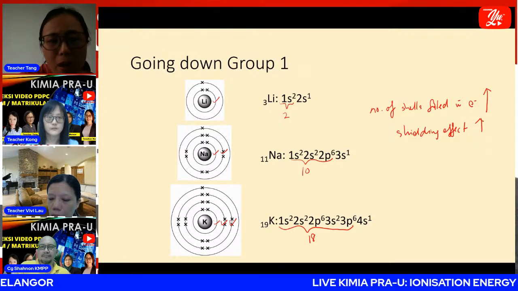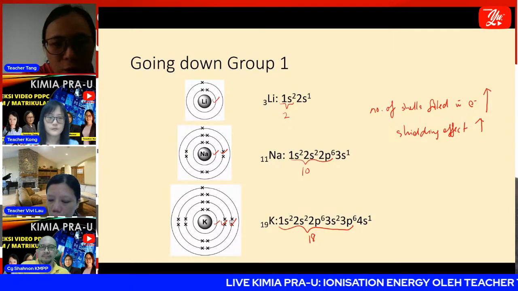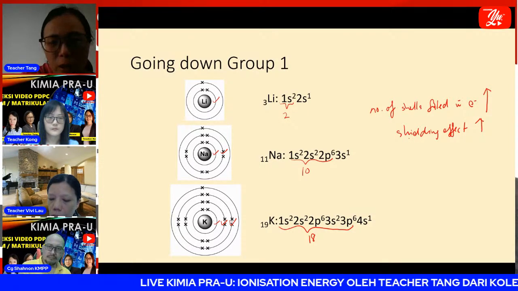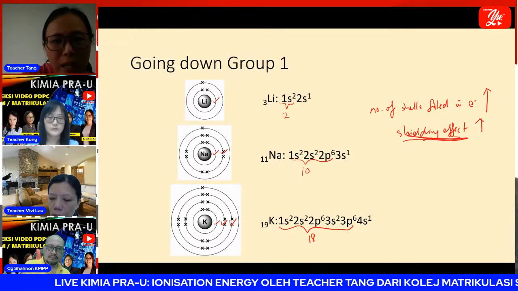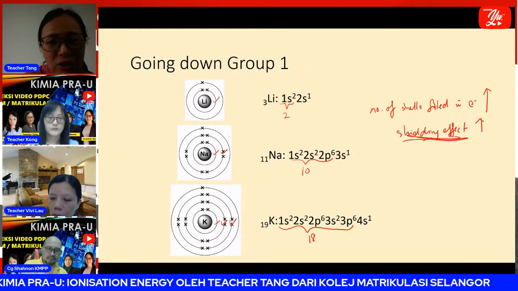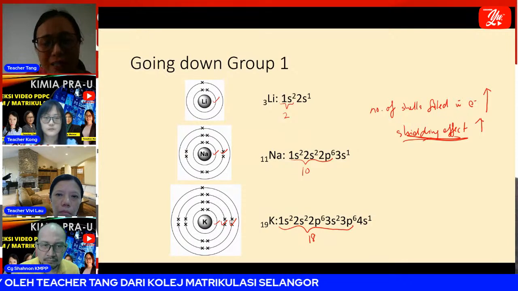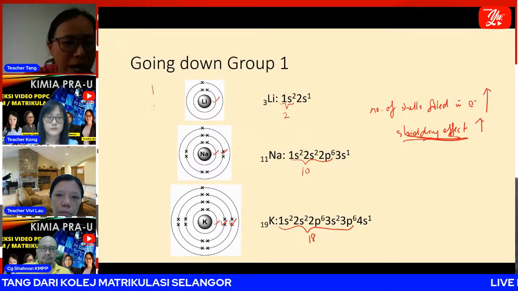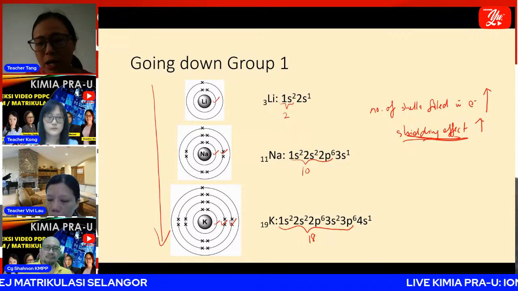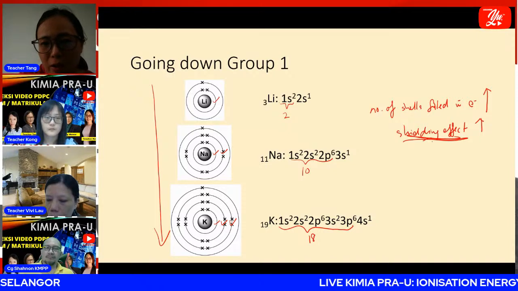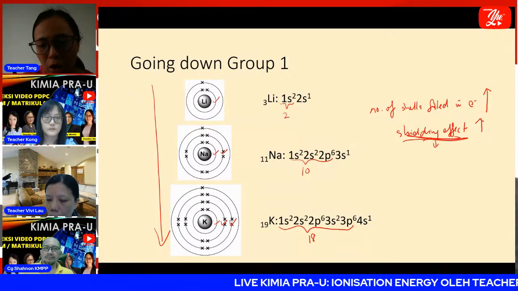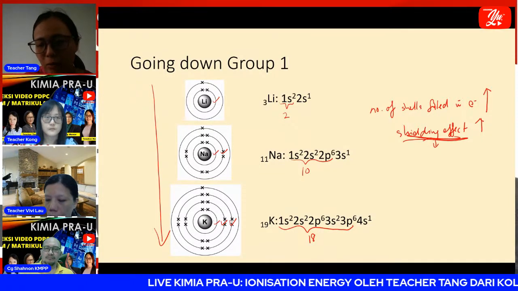Because remember, the number of inner shells filled with electrons is going to affect the shielding effect. Okay, so shielding effect refers to the repulsion of the inner shell electrons on the outermost shell's electrons.